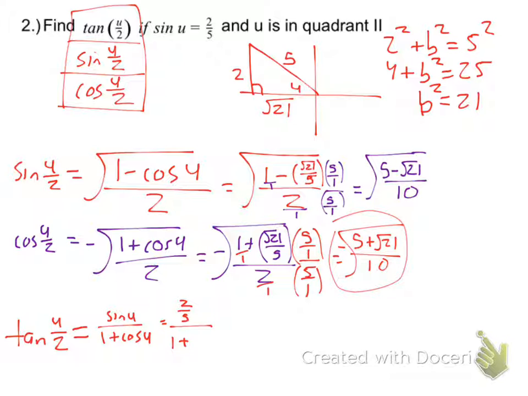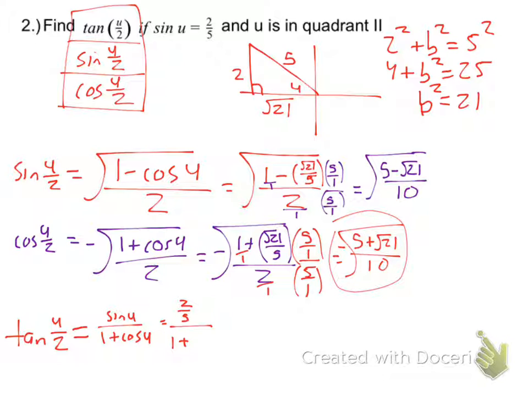Wait a minute, guys. I've got a question. Could we have done something wrong for the cosine of u over 2? What quadrant are we in again? Second quadrant.